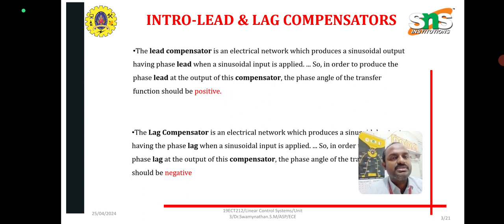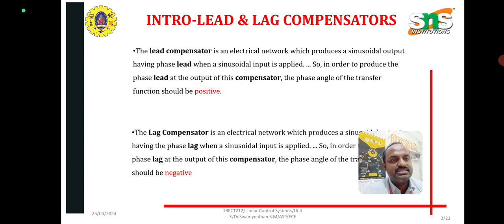The lead compensator is an electrical network which produces a sinusoidal output having phase lead when a sinusoidal input is applied. In order to produce the phase lead at the output of this compensator, the phase angle of the transfer function should be positive.